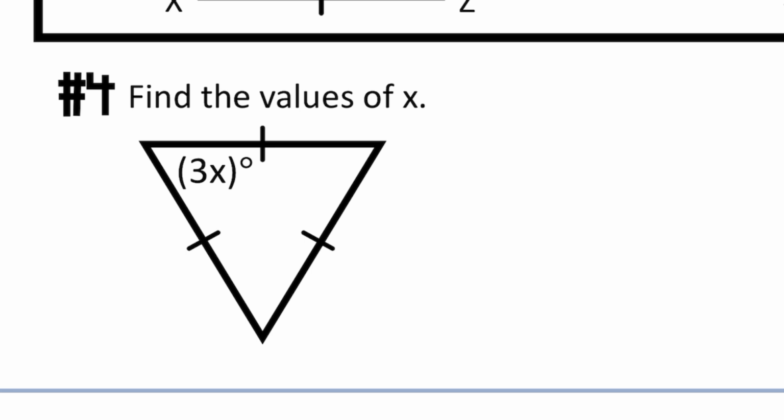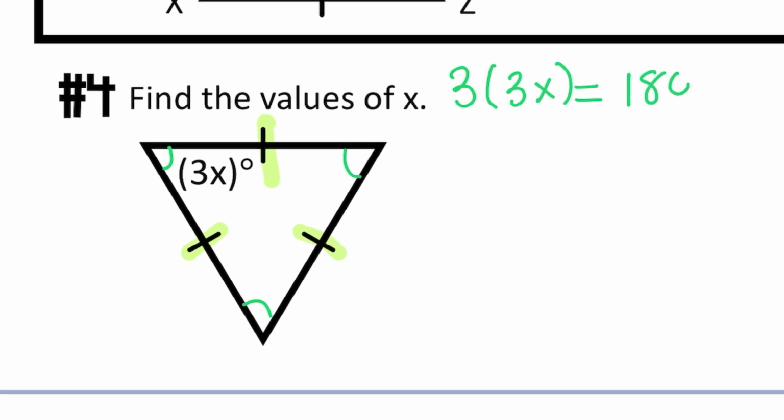So since I know that all of these sides are congruent because they're marked, that means that it is equilateral. And because it's equilateral, it is also equiangular, which means that there are 3 angles that have a value of 3x. And all 3 of the angles should add up to 180.